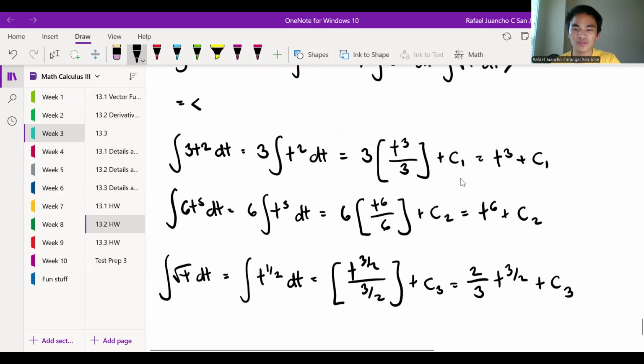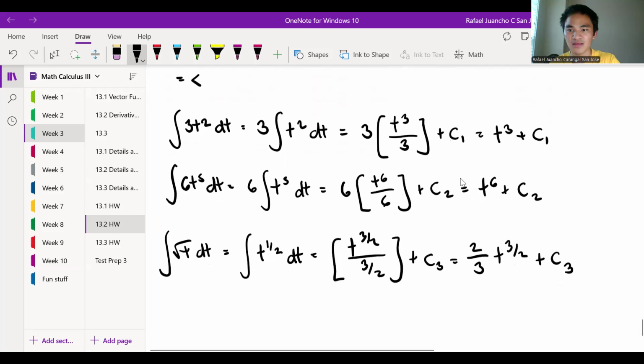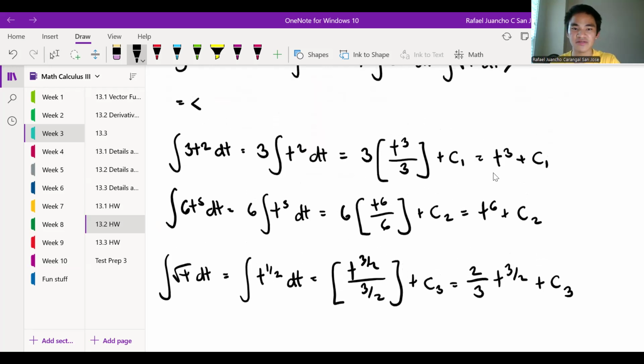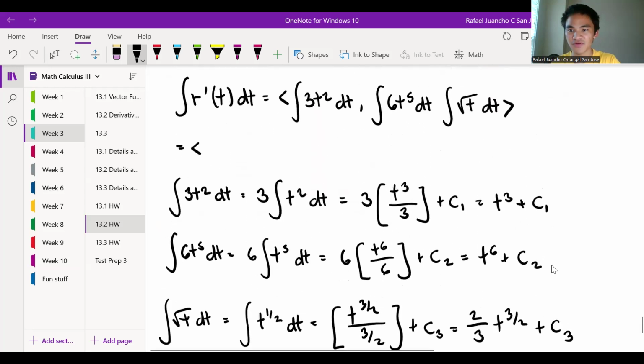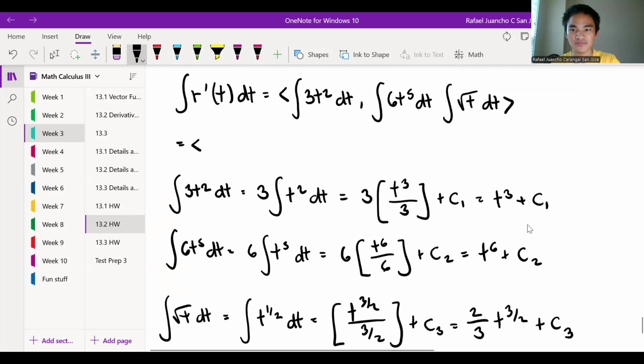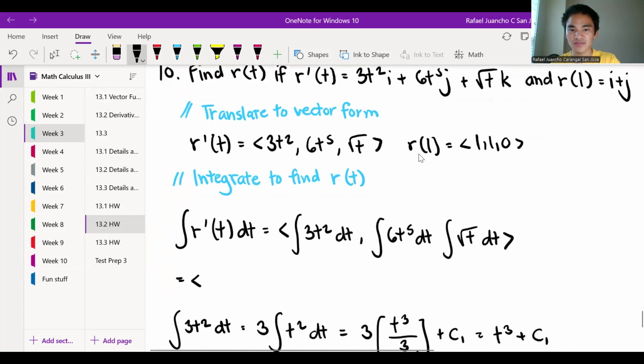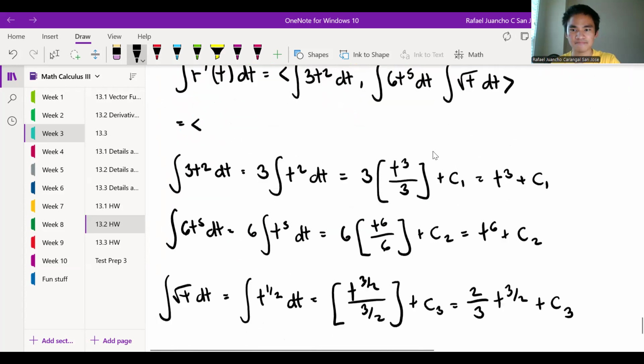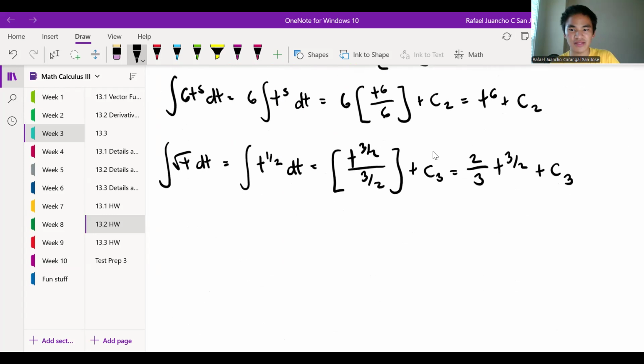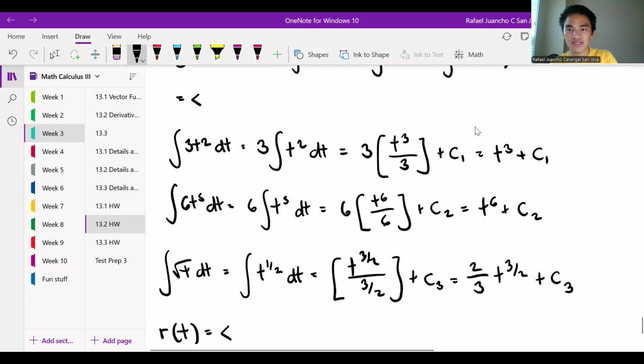Now, what do we want to do? Well, usually after integrating, we want to find these constants. And so the way to do that, let's actually try to rewrite it. So R of t is now these guys.